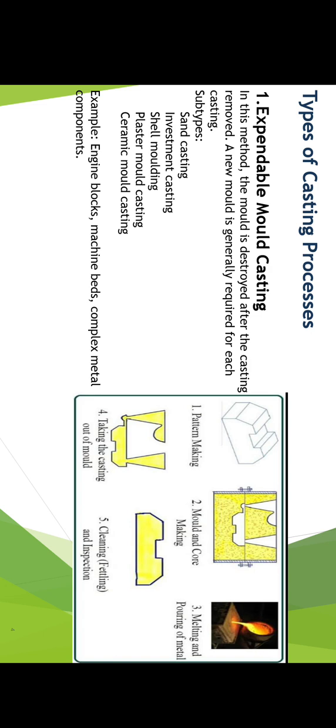This includes sand casting, investment casting, shell casting, plaster mold casting, and ceramic mold casting. With these castings, we can produce engine blocks, machine beds, and complex metal components.